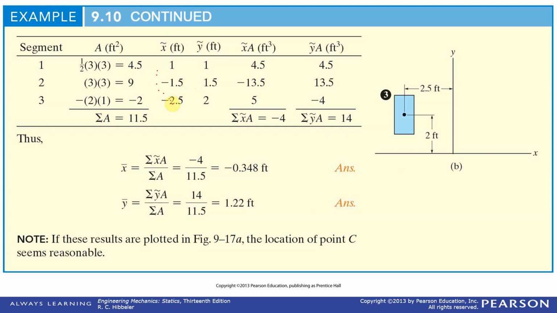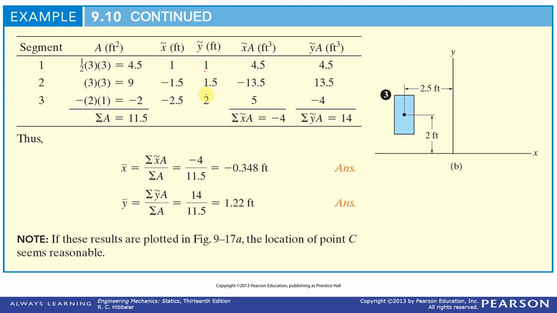The 3 by 3 plate, -1.5 in the x direction, +1.5 in the y direction. XA, negative, okay, there we go, YA. They're moments, so you've got to keep track of your positive and negative signs. That's the 4.5 foot.